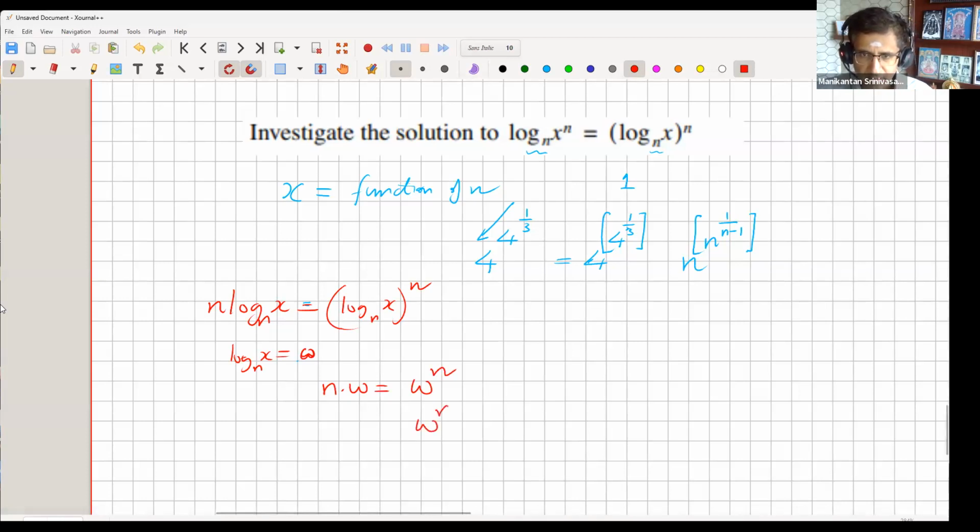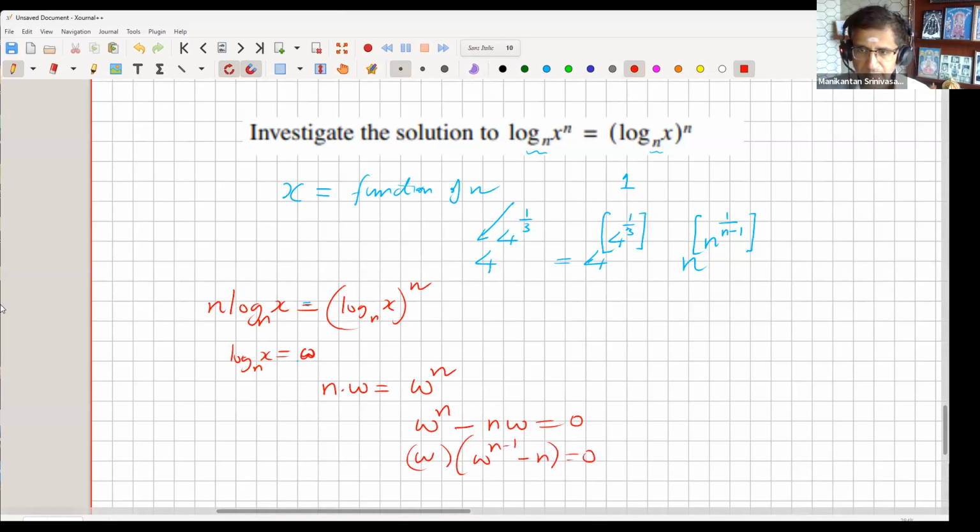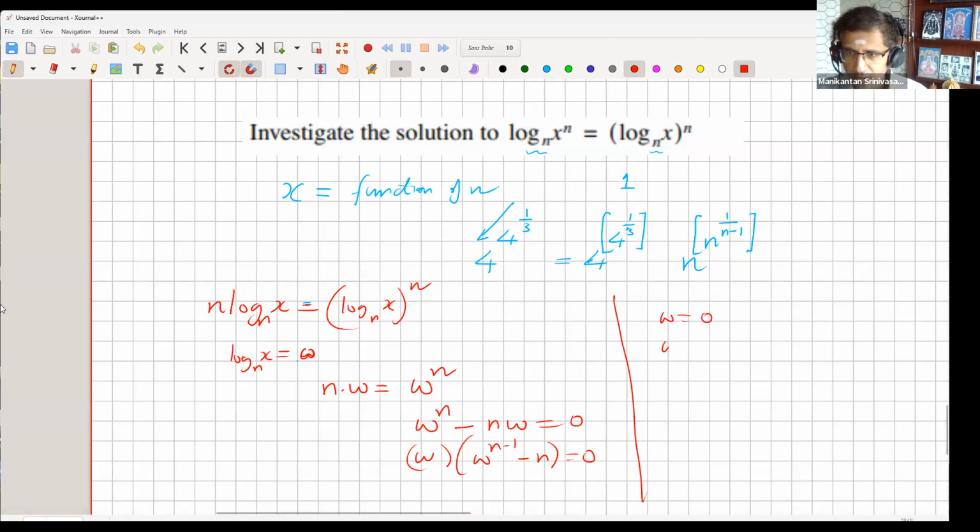So I can write this as w power n minus n times w equal to 0, which means I can take w outside, w times (w power n minus 1 minus n) equal to 0. So I'll continue here. Therefore, either w is 0 or w is n power 1 by n minus 1, right?